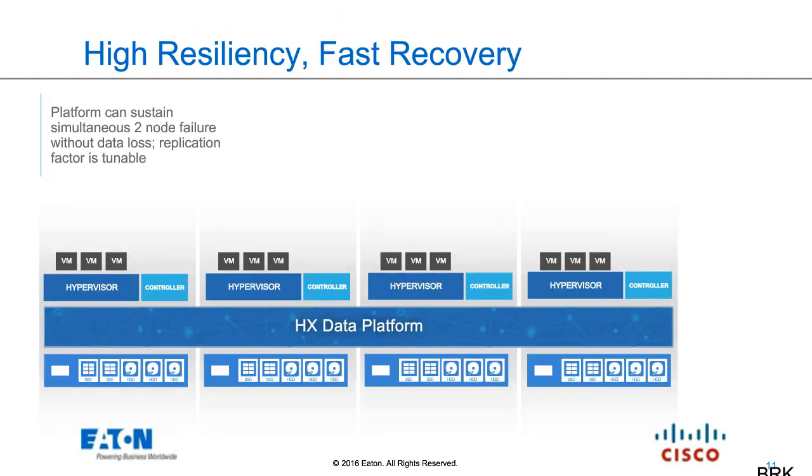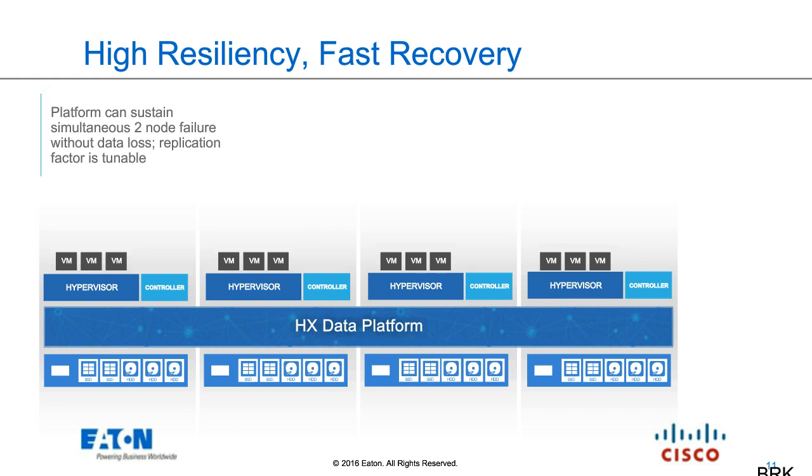High resiliency and very fast recovery. The platform can sustain up to 2 simultaneous node failures without data loss. That replication factor is tunable. If you want to take it down to just one platform without data loss, then that's not a problem. You can take multiple drive failures within the system, multiple drives within one server, multiple drives across multiple servers.